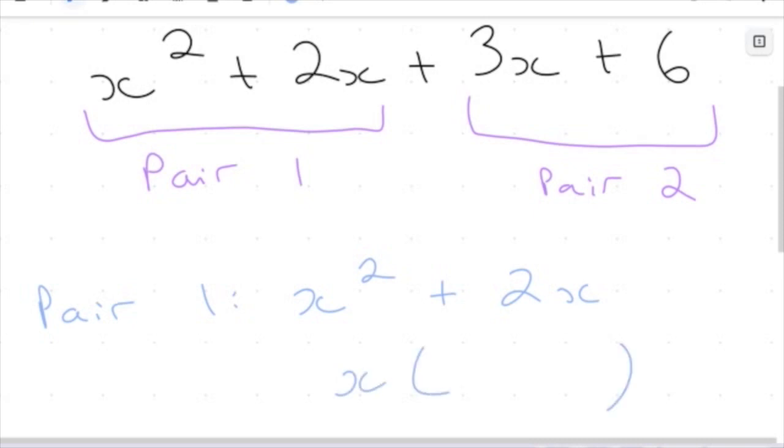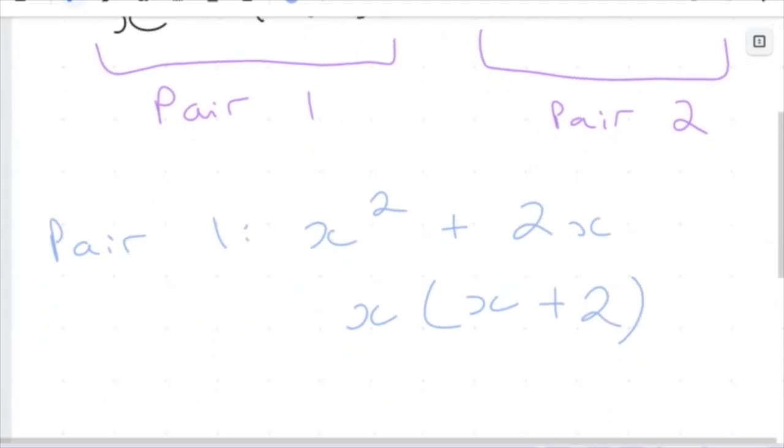And like we've been doing with all of our other factorizations, we want to see what multiplies by x to give me x squared, and what multiplies by x to give me 2x. What multiplies by x to give me x squared? That's just going to be x. And to get to 2x from x, I'm going to multiply that by positive 2. So that's my first factorization for pair 1.